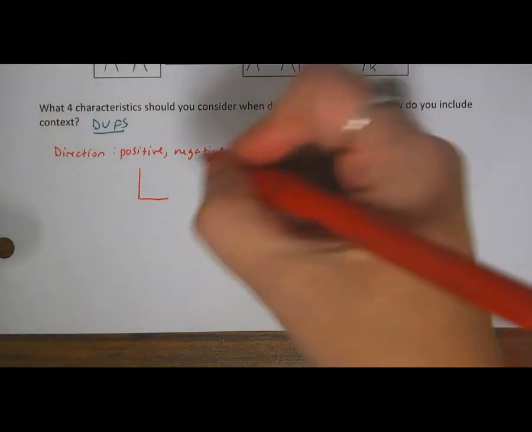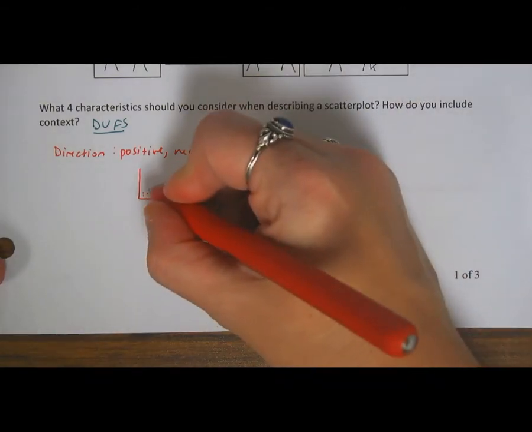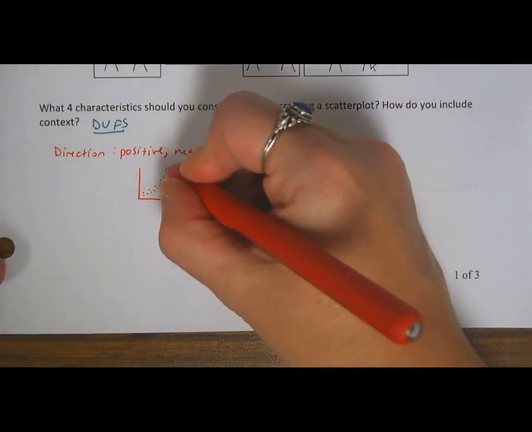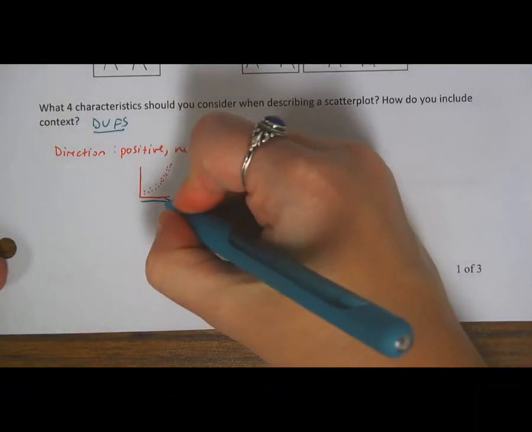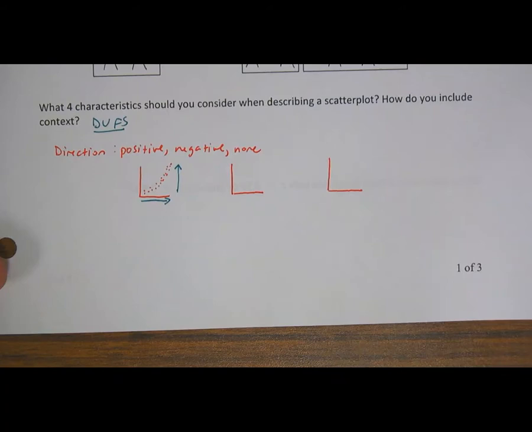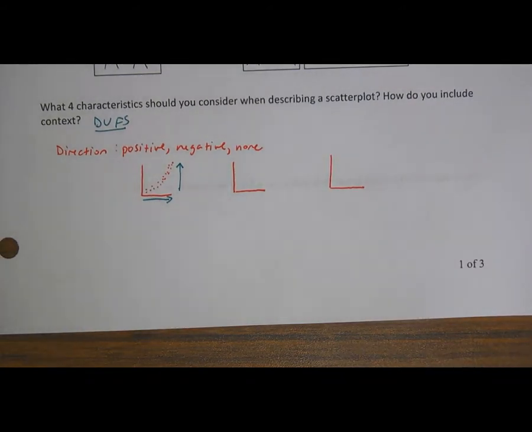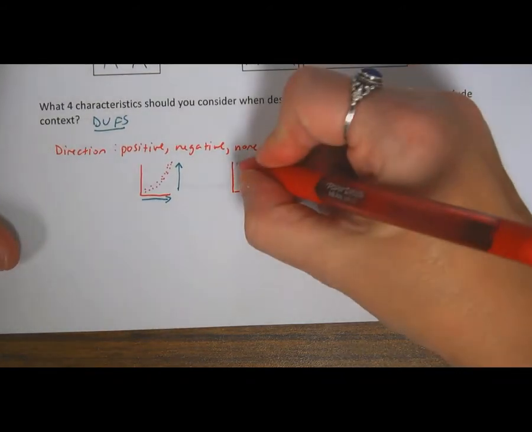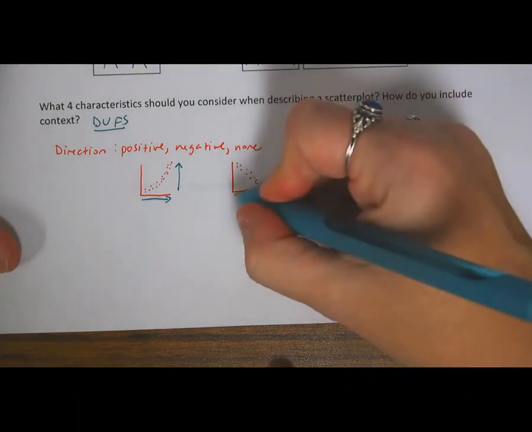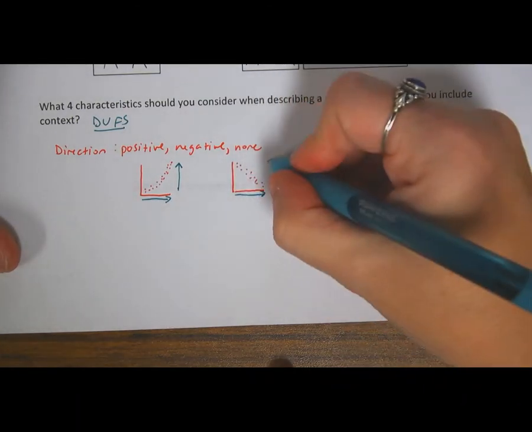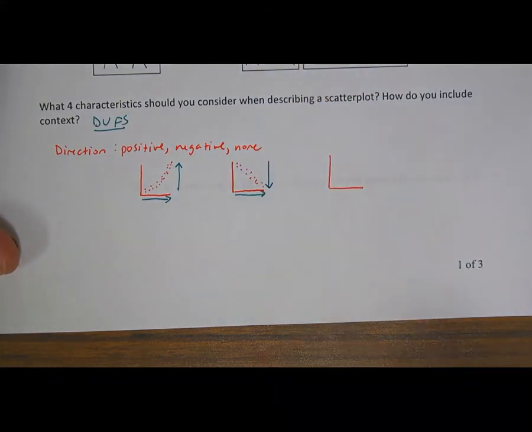You might have a positive direction. That doesn't necessarily mean it's linear, but as X increases, so does Y. You might see a negative direction. Again, that's as X increases. Notice X is always increasing, but in this case, Y decreases.